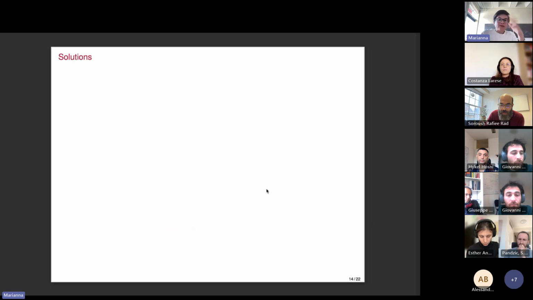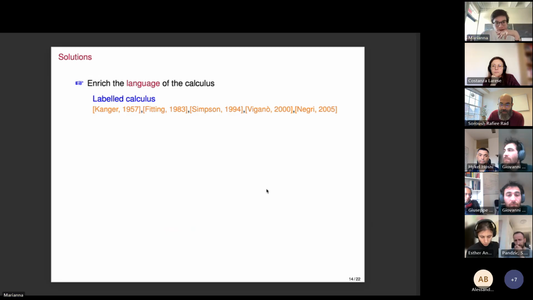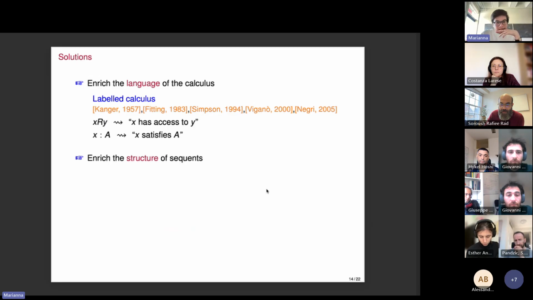And in the literature, mainly two solutions have been proposed. One solution is to enrich the language of the calculus, and this is the labeled approach, of which I will say something more in a second. And the second solution, which I will not discuss today, is instead to enrich the structure of the sequents.